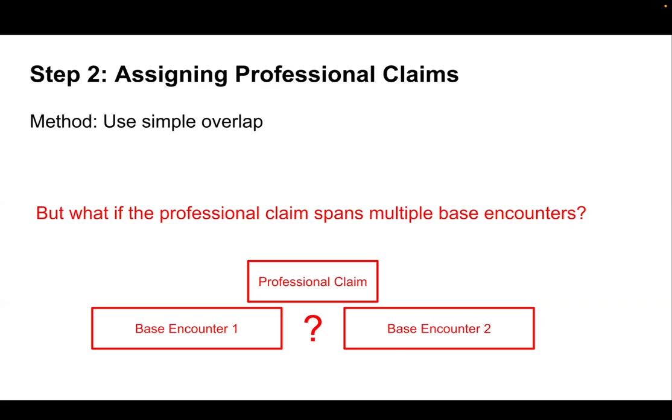The claim start date and the claim end date should be the same day. But if that's not the case, then you run into the problem of, based on this simple overlap method, which base encounter should I assign the professional claim to? And this can really create problems.